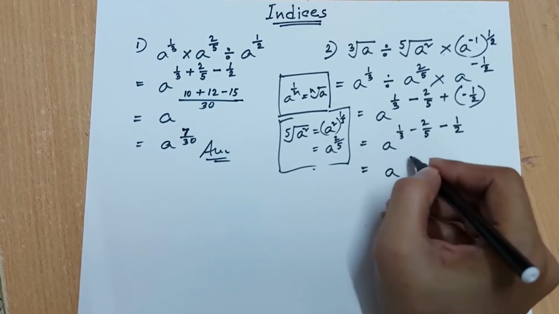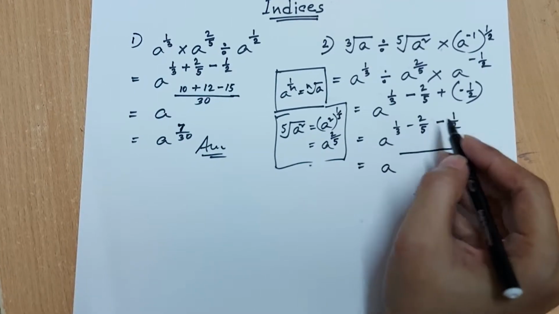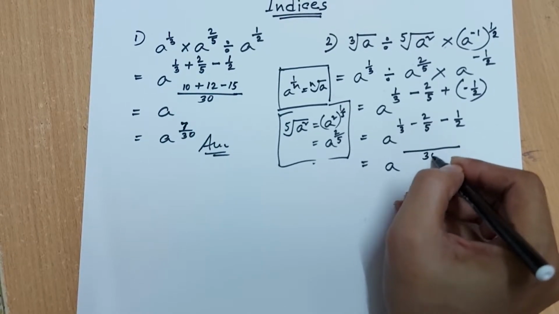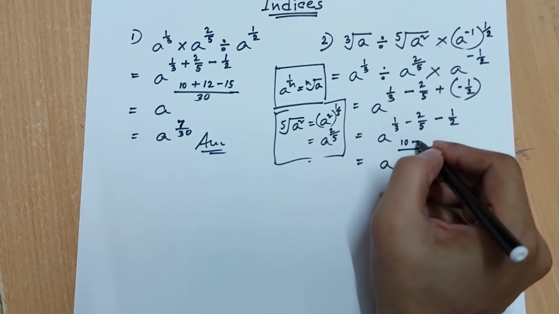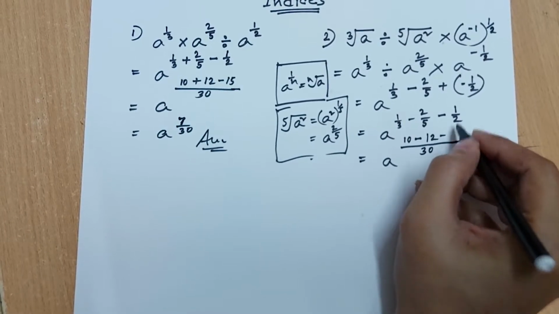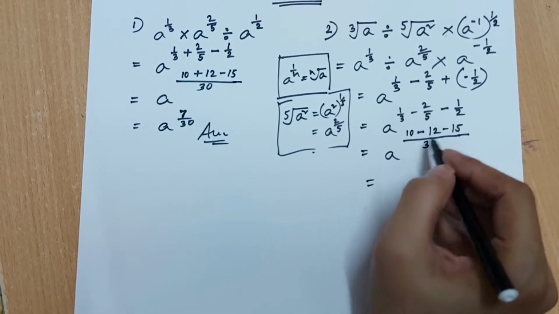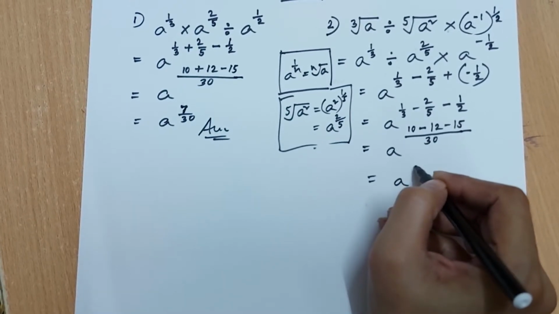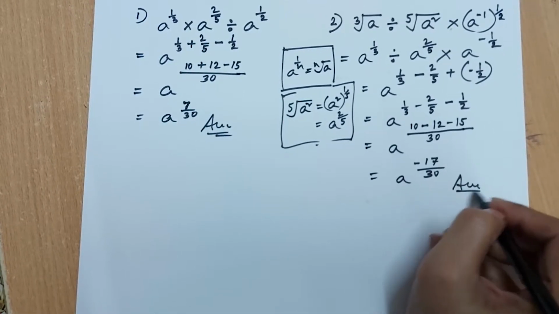So a power, 3, 5 and 2, their least common multiple is 30. So 3 10 times here, minus 5 6 times here, 12, and then 2 15 times here. So 10, negative 12, negative 15. So a power negative 17 by 30, and that is the answer.